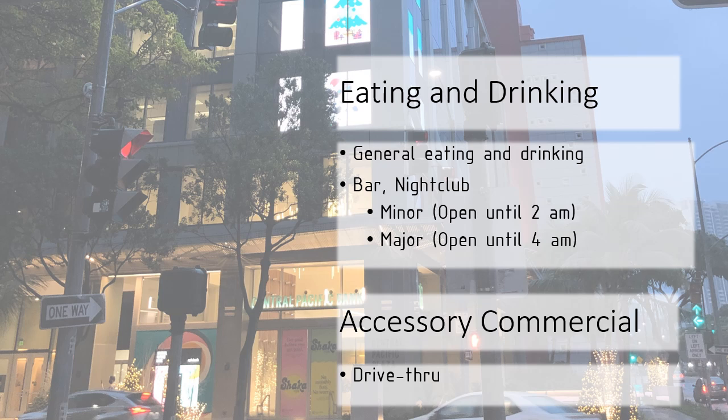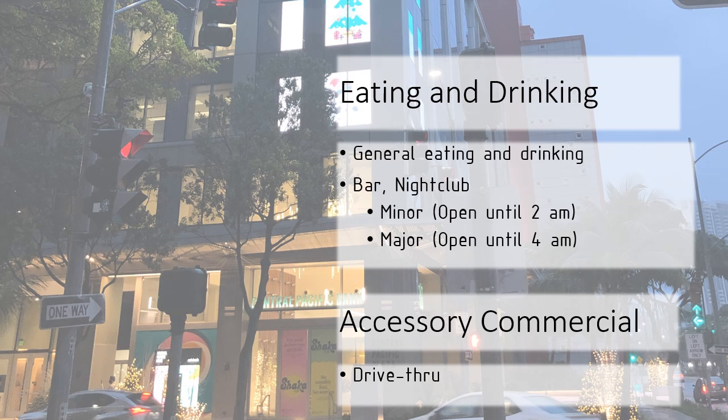It may also include a dance floor or live or amplified recorded music or professional entertainment, subject to licensing by the Honolulu Liquor Commission. The bar/nightclub land use is split into major and minor. A minor bar or nightclub may remain open until 2 a.m. A major bar or nightclub may remain open until 4 a.m. Major and minor bars are allowed in different zoning districts.